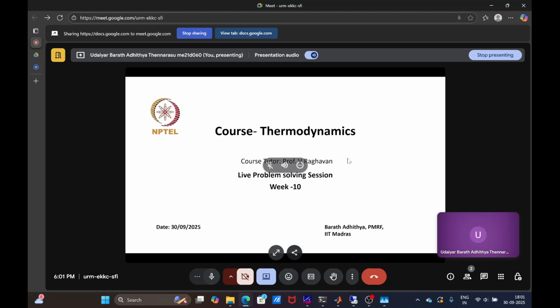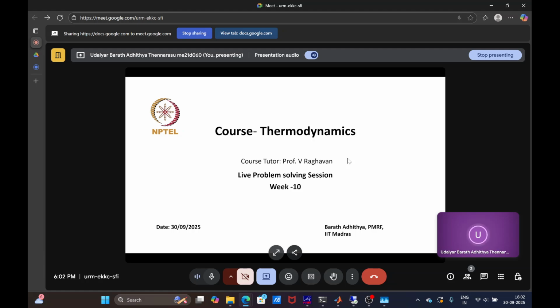For a reversible adiabatic process or a reversible cycle, the entropy generated is 0. The best example is the Carnot cycle, where the entropy generated is 0. With that idea, we can extend it to any process, just like we did with energy balances, the first law for a system.